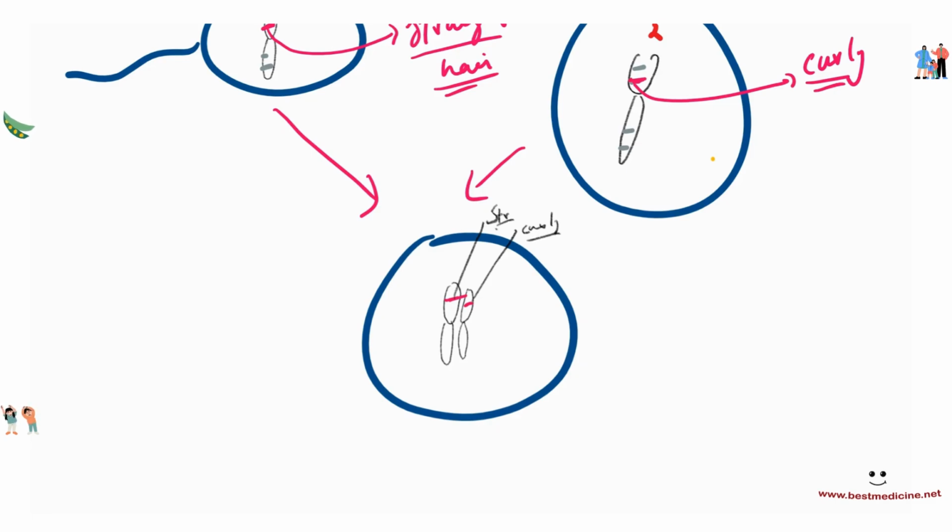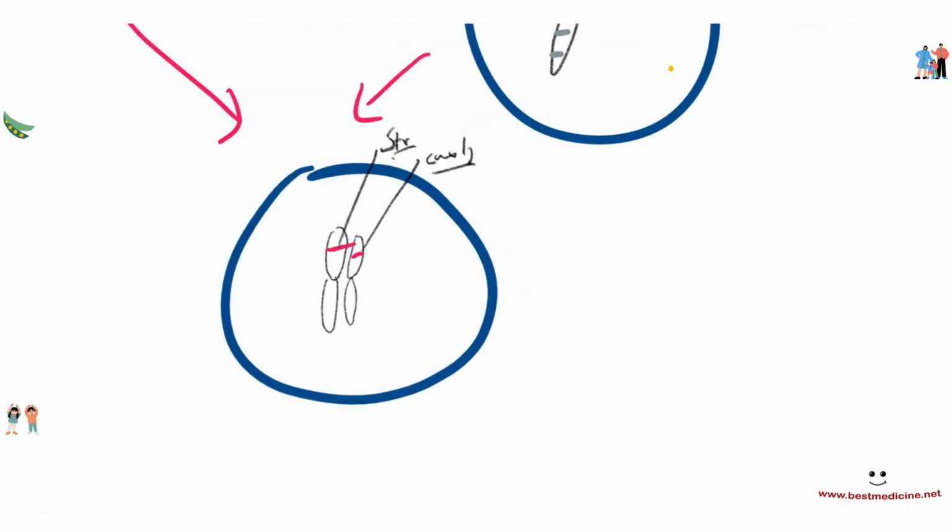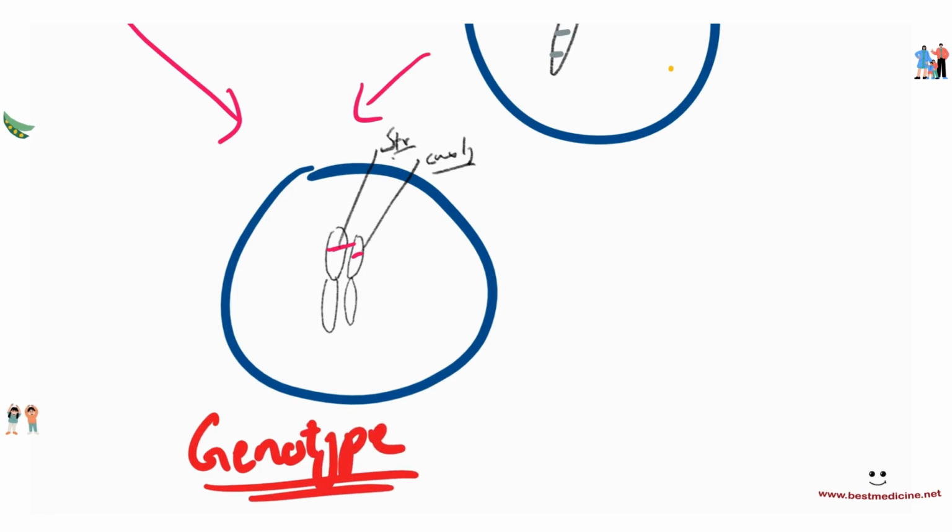Now, this orientation of genes or versions of genes together in a particular zygote is called the genotype. The genotype essentially is the genetic orientation of alleles of a particular gene. What is an allele? An allele is 2 or more versions of a gene. In this case, the gene itself is the hair texture gene.